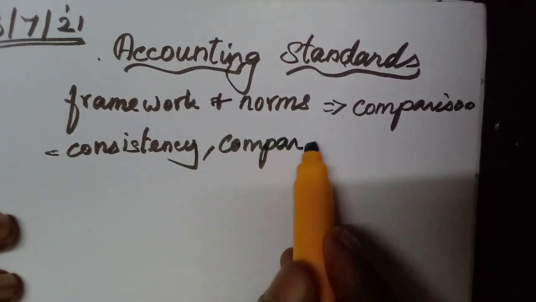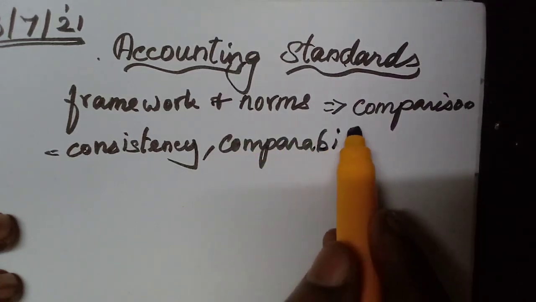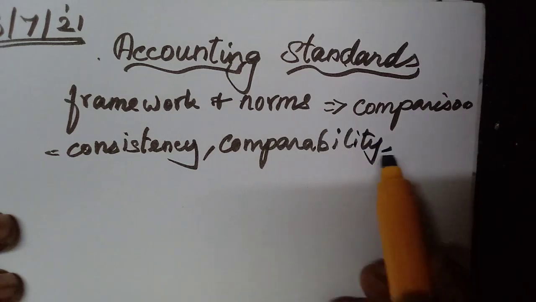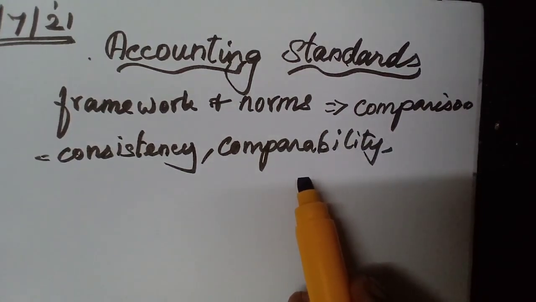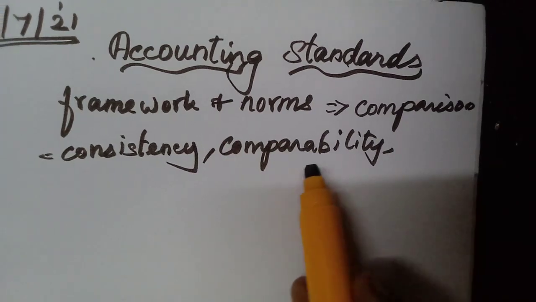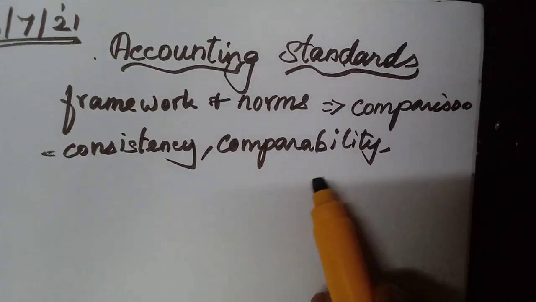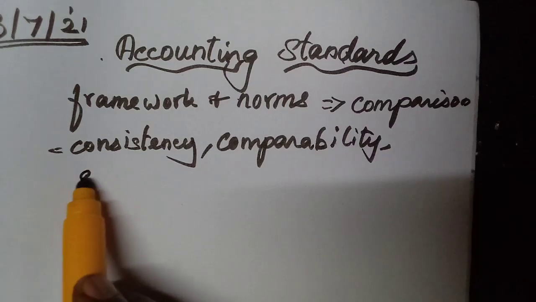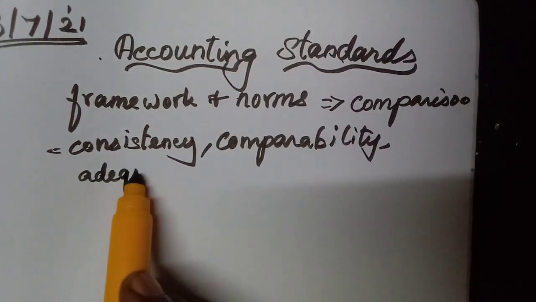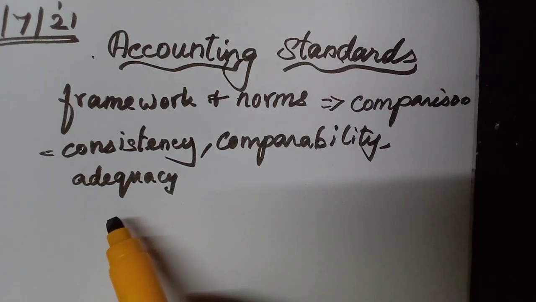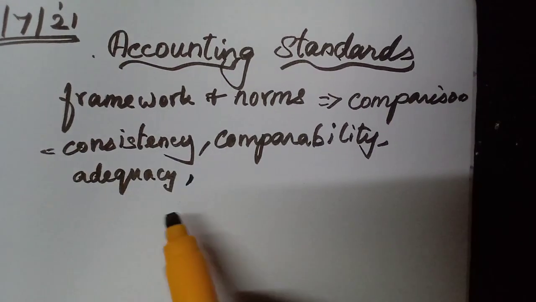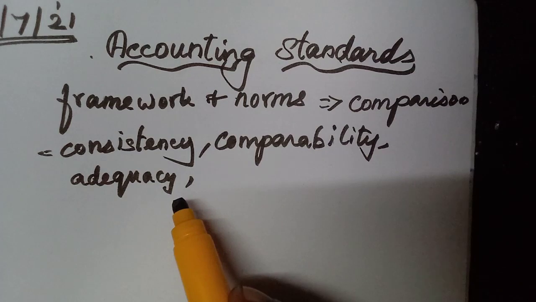Comparability means different organizations' records can be compared, or the same organization's records of different years can be compared. Then there will be adequacy. Adequacy means adequate, that is very correct, exact profit, exact financial position.